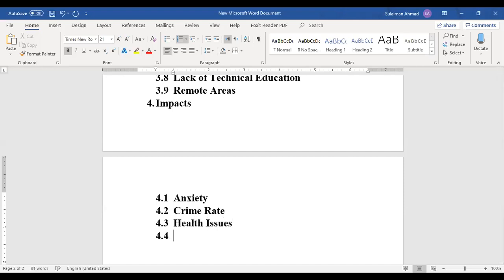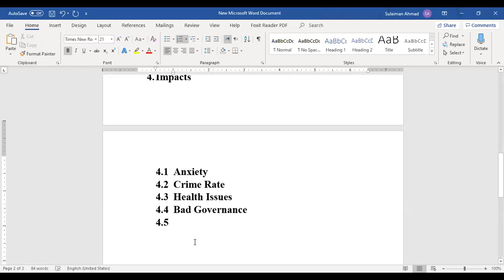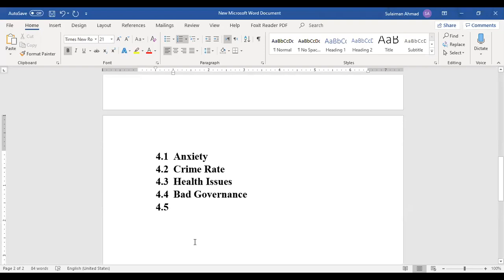Bad governance. I'm talking about Pakistan as a whole. What else can be there? Come on. Be quick. Participate. Lack of awareness.